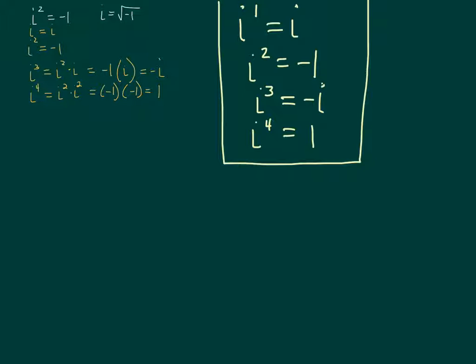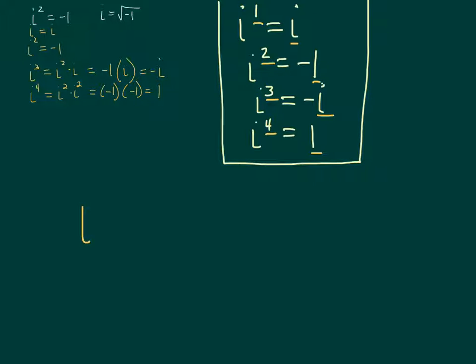Every time you have an odd exponent, the 1 and the 3, you have an i. Every time you have an even exponent, the 2 and the 4, you have a 1 or a negative 1 in your answer. We need to use that information to make it easy to decide what the evaluated value is going to be when we have i raised to a power.